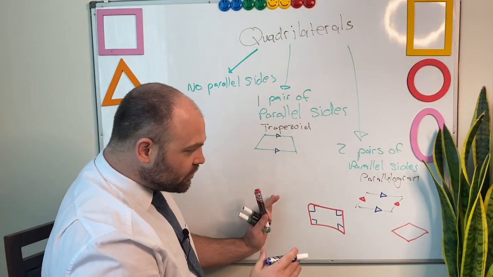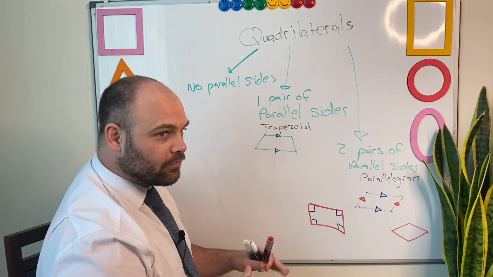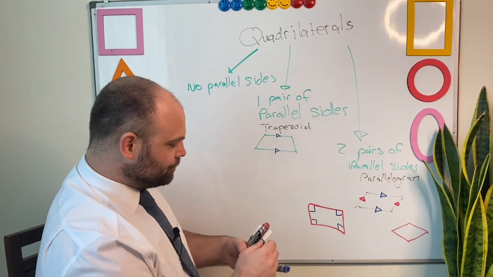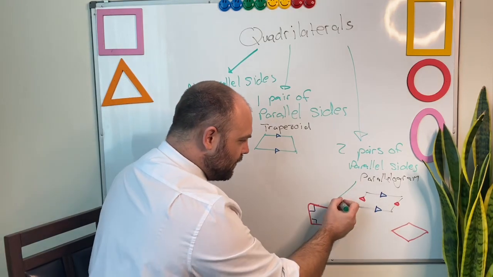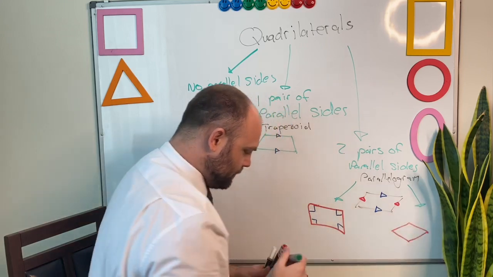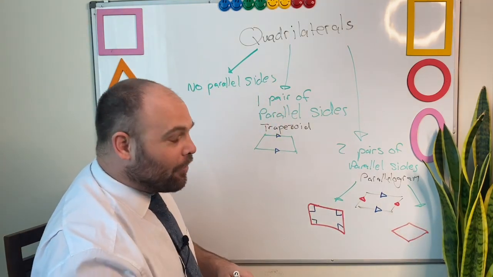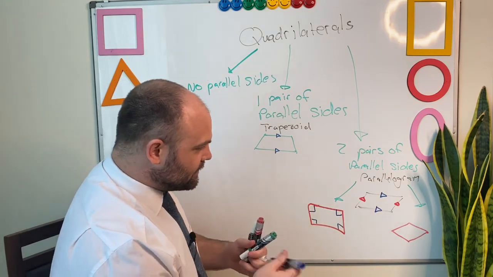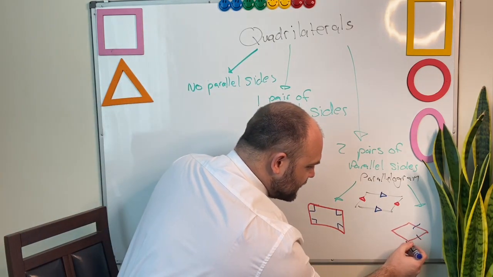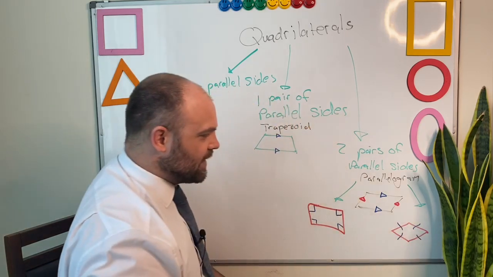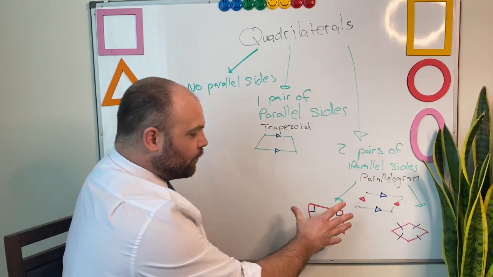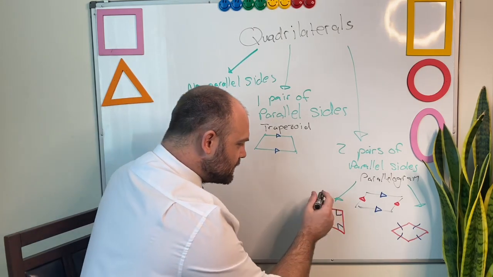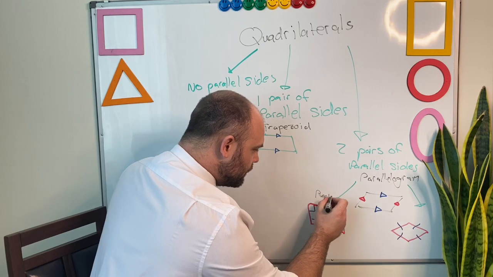So any parallelogram with four right angles will be called a rectangle. And a rhombus is any parallelogram with four equal sides. So this side is the same as that side, which is the same as that side, which is the same as that side.